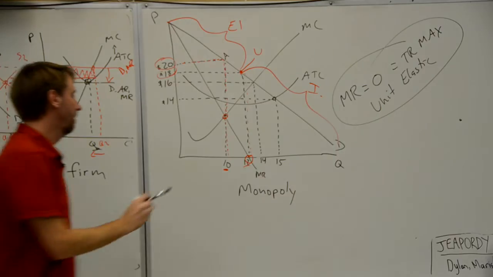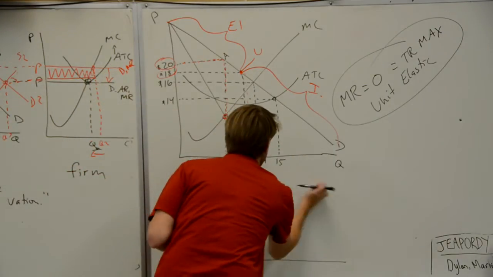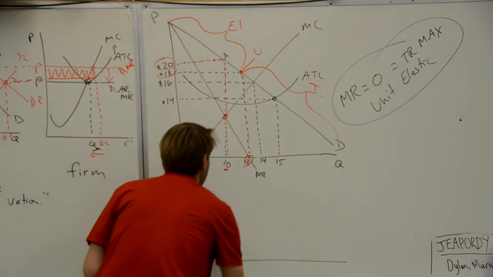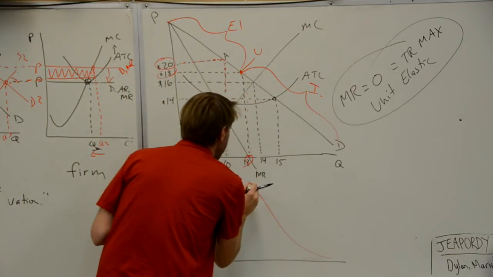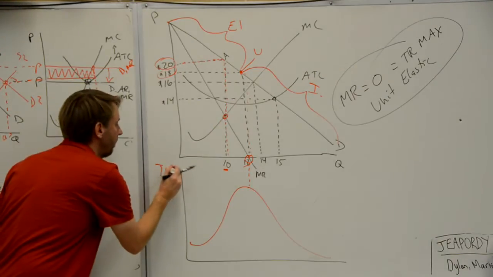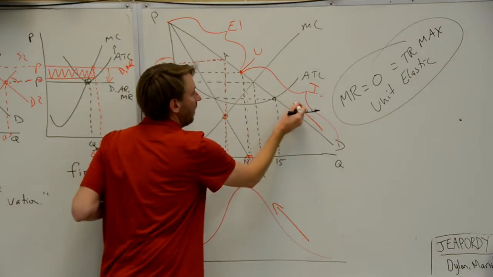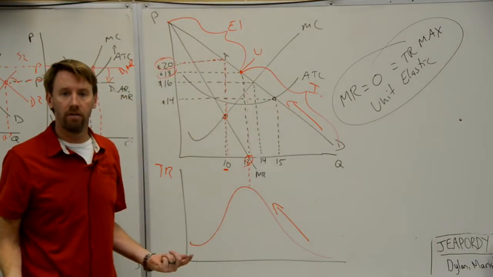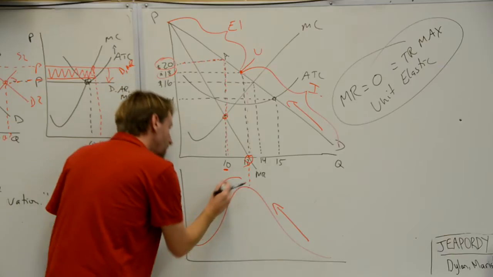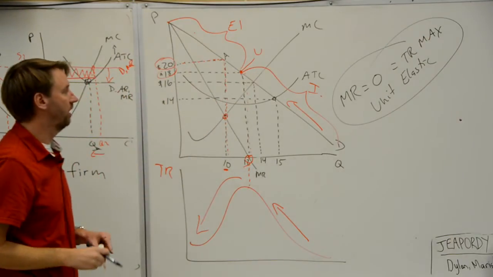So essentially, you have to pretend, and you might see this from time to time, that there is a total revenue graph underneath this. Sometimes you see it and sometimes you don't. This is total revenue. So total revenue increases as the price decreases in the elastic portion of the curve, and then total revenue comes down the mountain once you go past the unit elastic portion.